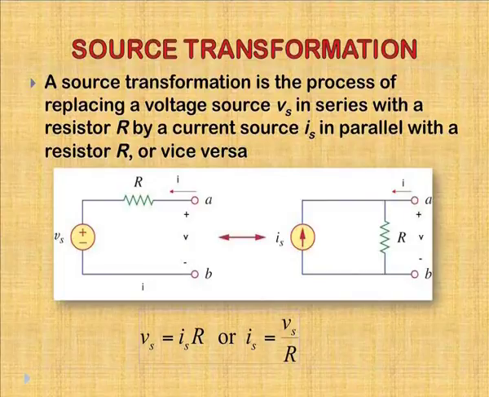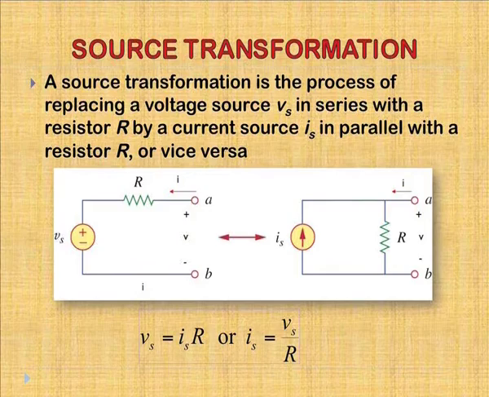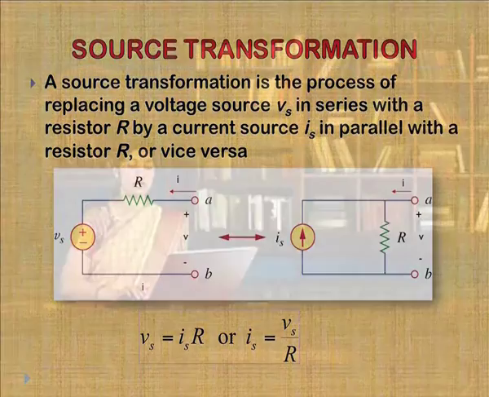So, by using just Ohm's law, we can get the current from the voltage by keeping the same resistance, that means the resistance remains the same, by dividing the voltage by that resistance, or multiplying the current by the resistance to get the voltage. So, we can convert a voltage source into a current source and a current source into a voltage source by using this theorem.